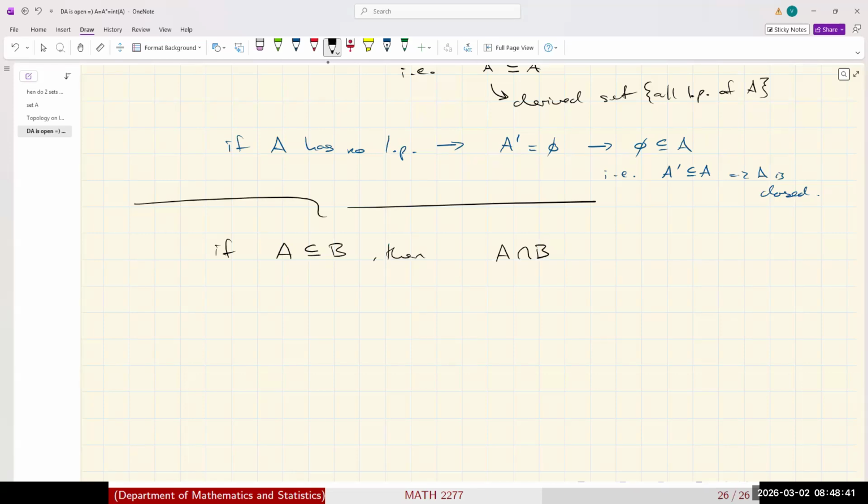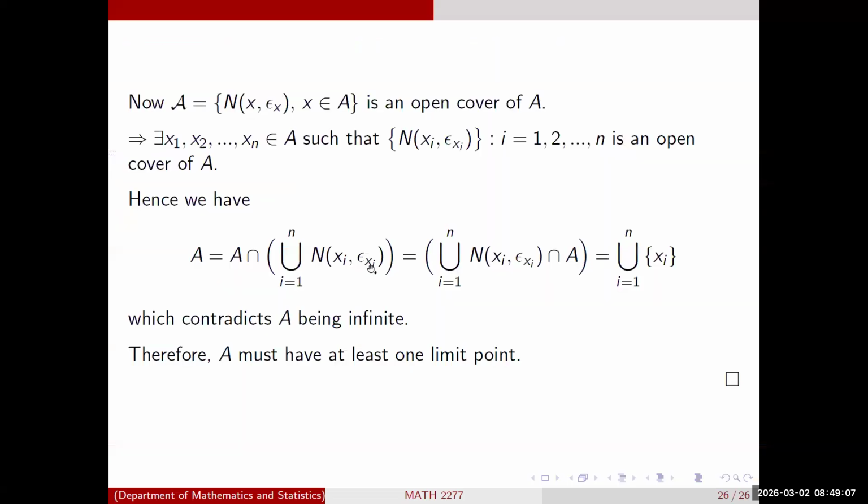Well, if A is inside of B, then A intersection B is just A. That's the same thing here, except for B, we have the union of these neighborhoods. So it's the same thing, but I'm using this for B. So that's the result we're using there.